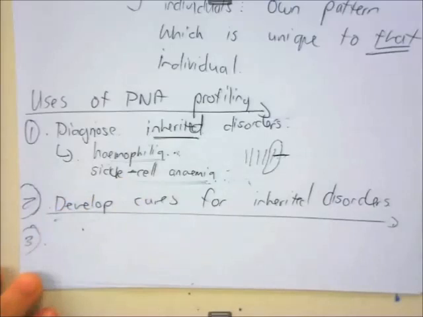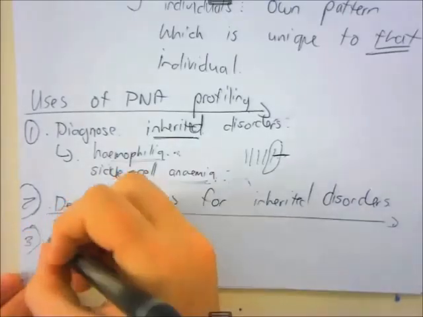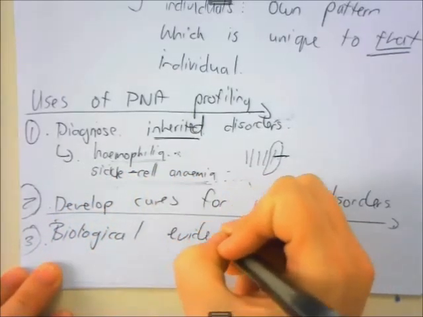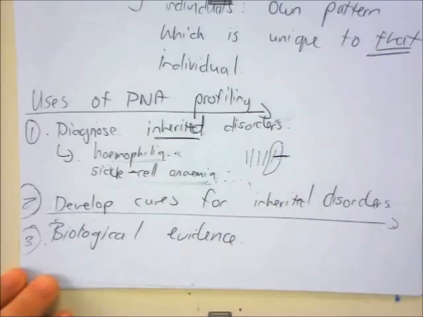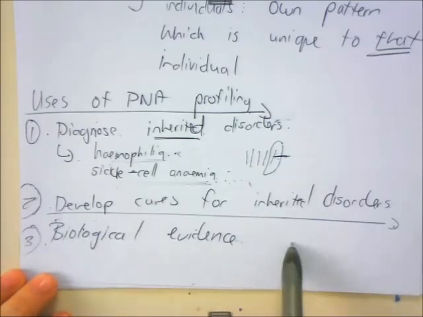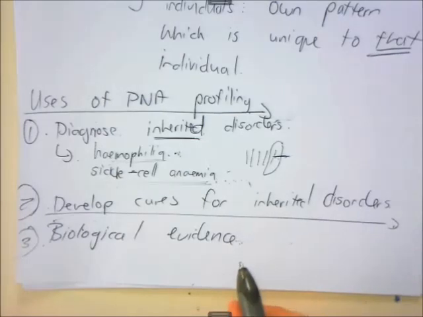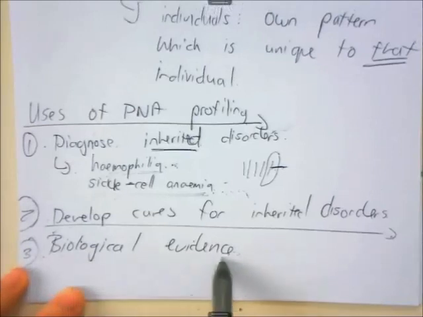The third thing which we could use it for, which I think a lot of people link this section of work to automatically, is that of biological evidence. This would be like the police work and the forensic work. I'm going to look at an example with you in a moment. Here you would look at things like if blood was left behind at a crime scene, or semen, or hair samples, or skin, anything that has DNA that you can check. Then we can use biological evidence to often help the police to solve crimes.